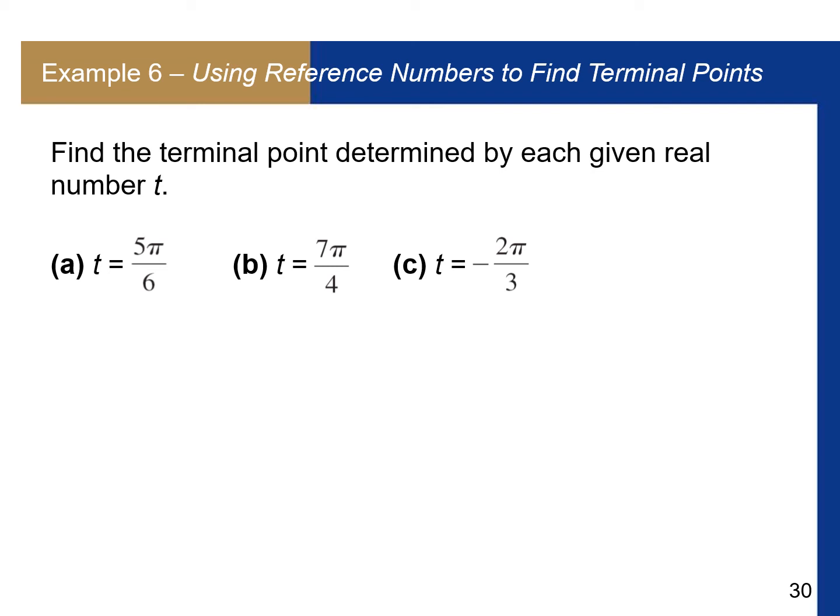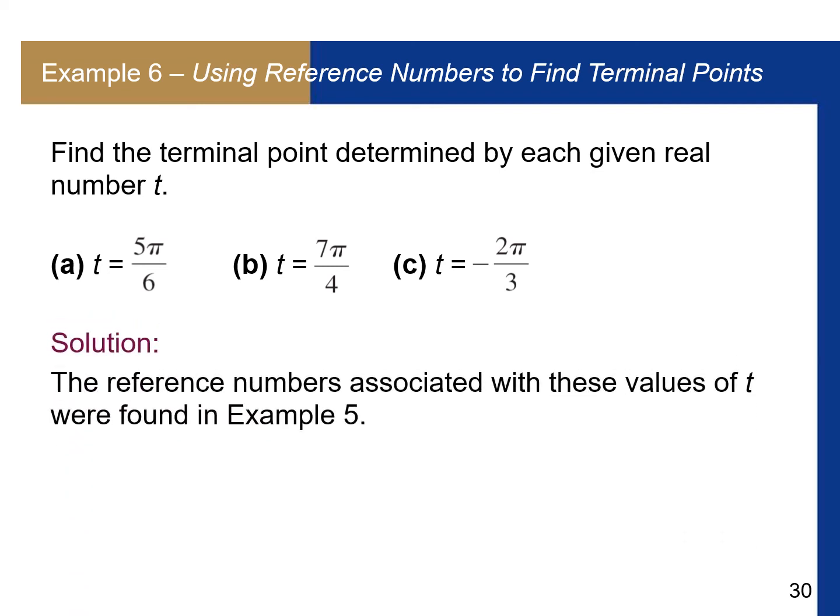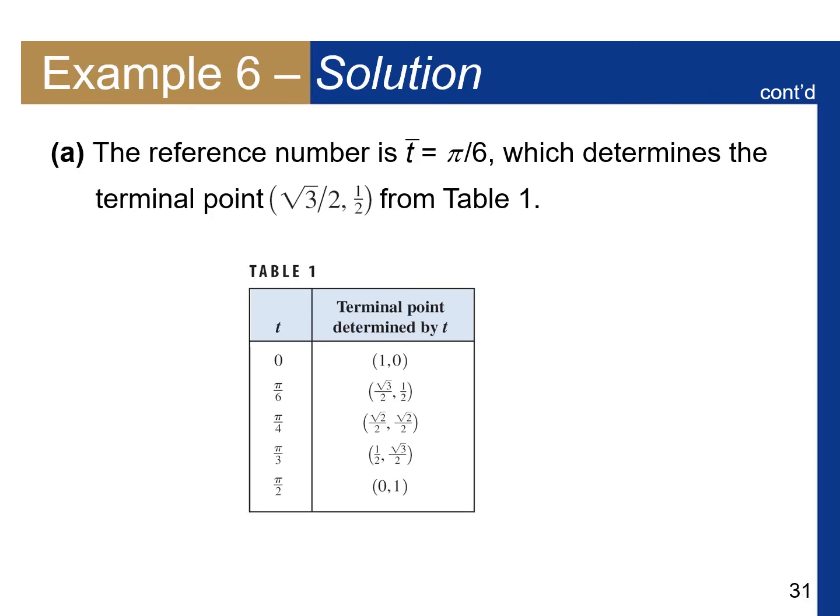Find the terminal point determined by each given real number. Let's take a look. Again, we have our reference numbers associated with these values that we found in example 5. So here we have square root of 3 over 2 and 1/2 right here, and that would be at pi over 6.